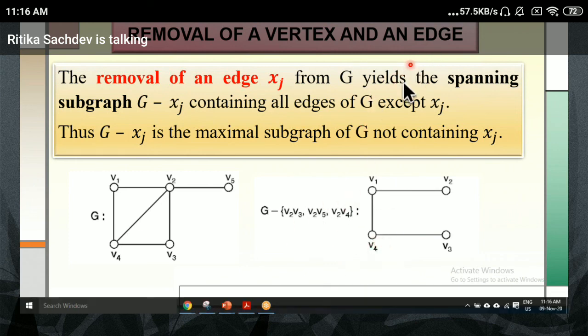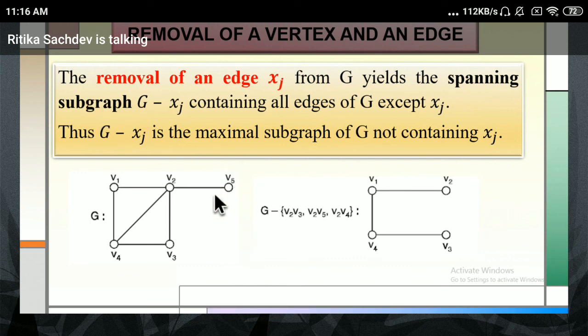And my definition also says it is a spanning subgraph, so I should not be removing V5. Had I said that it is becoming a subgraph, then I have a choice whether that vertex whose degree has become 0 should be removed. So in this case, I cannot remove V5 because my definition says it is spanning subgraph. So you will have to draw an isolated vertex V5.